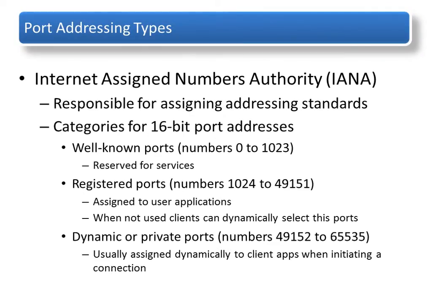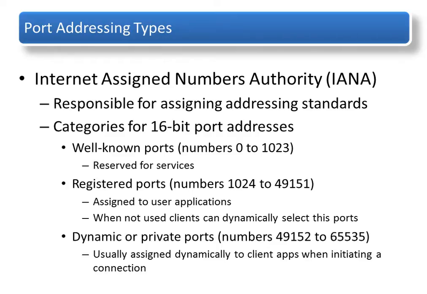To organize this madness, the Internet Assigned Numbers Authority was created. They took the total port range from 0 to 65,535 and divided it up into three parts: well-known, registered, and dynamic.